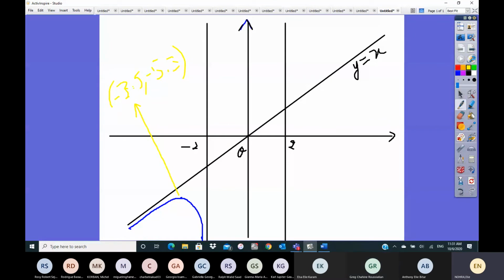It's not approximate, Anthony. It's minus 3.5, minus 5.3. Where is the approximation, you see? It's exact. You do have access to draw them, no? Yeah. Okay.